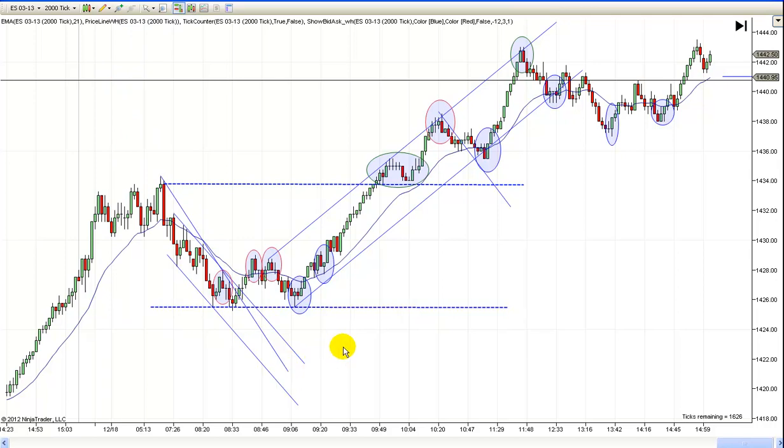But either way, you see that we still would have got the break at the same identical spot, and we would have had the retest. So no matter how you saw that, it worked out the same. You still would have had that same trade right there. But to me, I see a spiking channel.